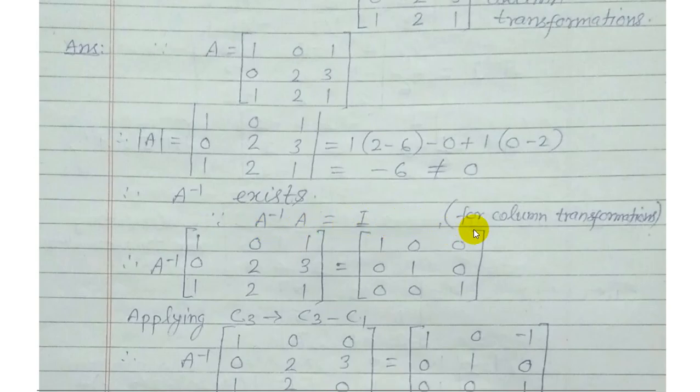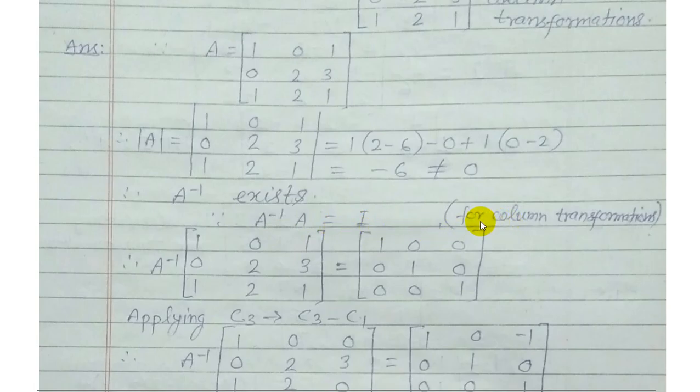So, for your reference, for your support, for column transformations, A inverse into A equals I. You should remember it and listen very carefully.